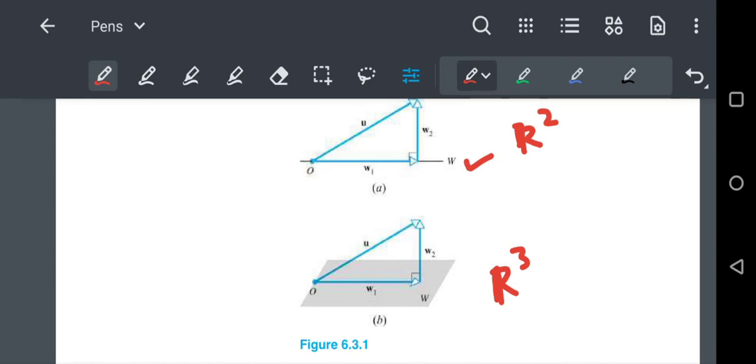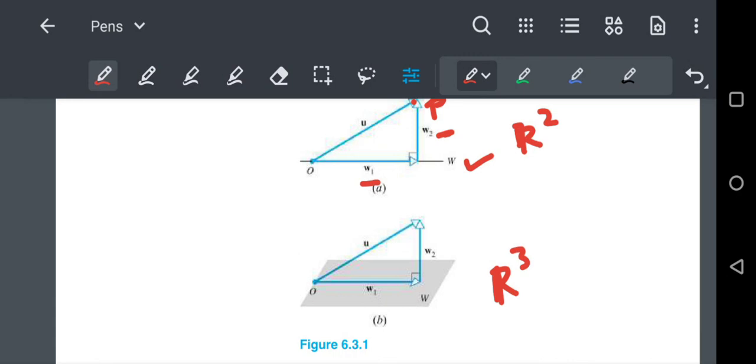Let us consider a point P here and we join OP by a vector U, and the projection of OP on W is denoted by W1, and similarly the projection of OP on W2 is denoted by projection of P on W2.